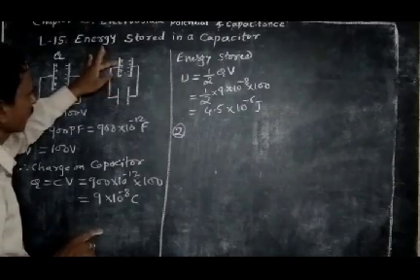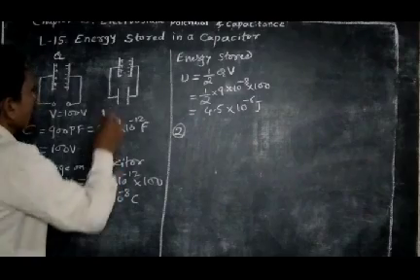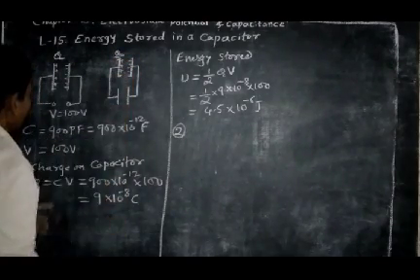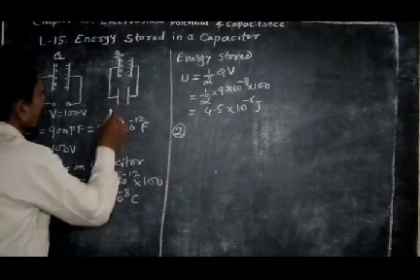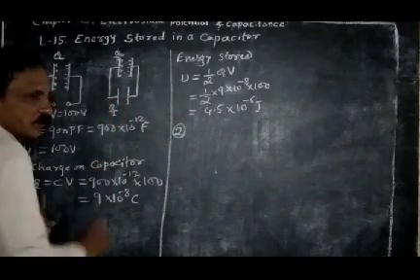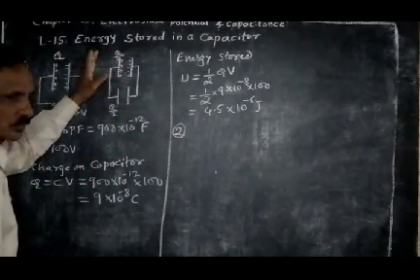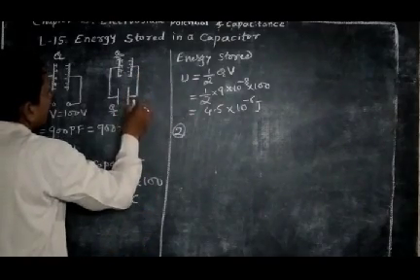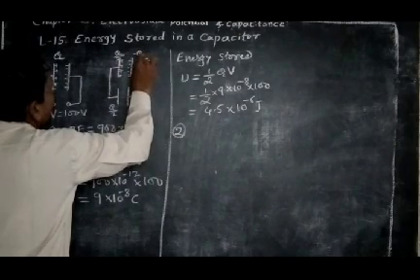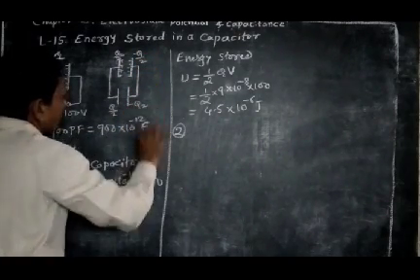That means charges flow from the charged plate to the uncharged plate. Therefore, it acquires half of Q, Q by 2. The charge acquired by the uncharged plate is also Q by 2. Initially it was Q. Similarly, the negative plates also acquire the same charge, minus Q by 2 and minus Q by 2.